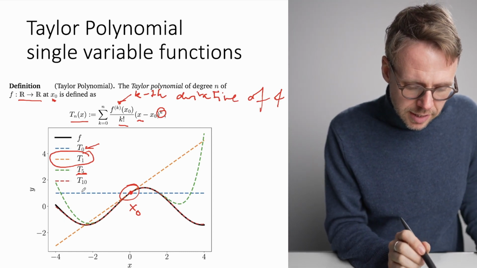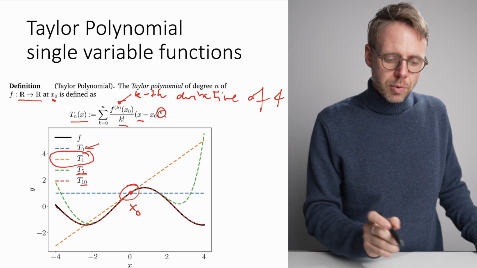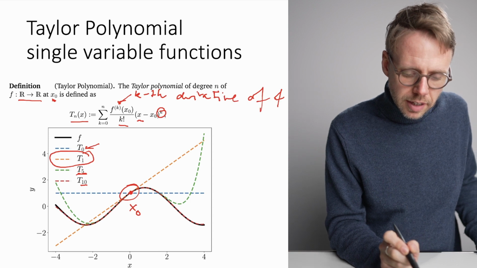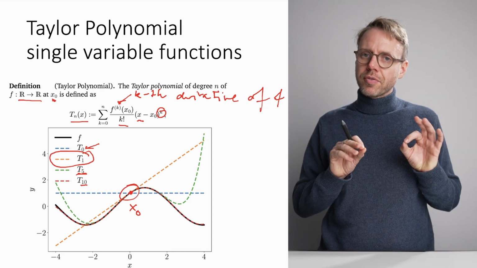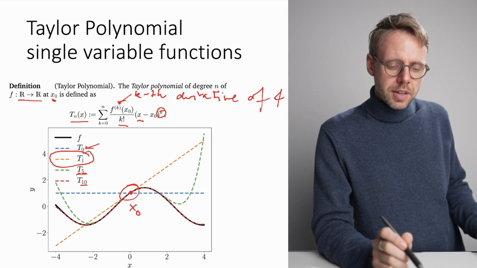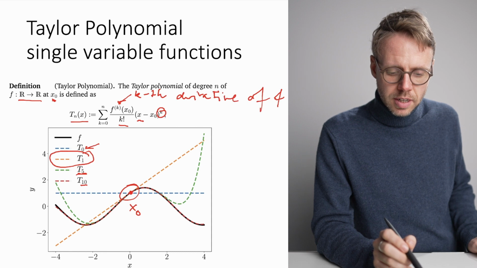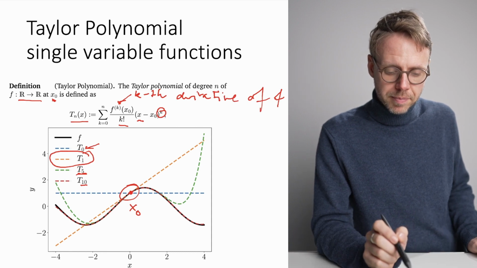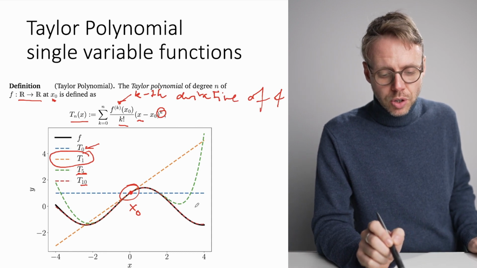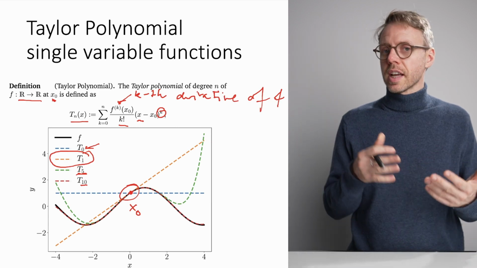And what you see is, if you increase the polynomial even further, we more and more approximate the function. So the higher the polynomial, the more accurate this approximation is becoming. But you also see, if you go further away, then this approximation doesn't look very good anymore.